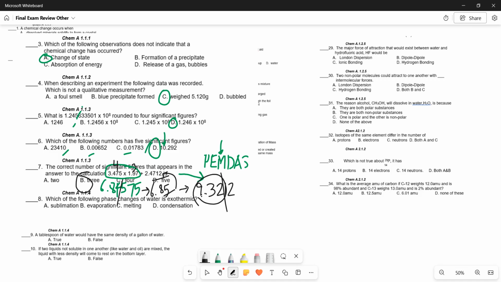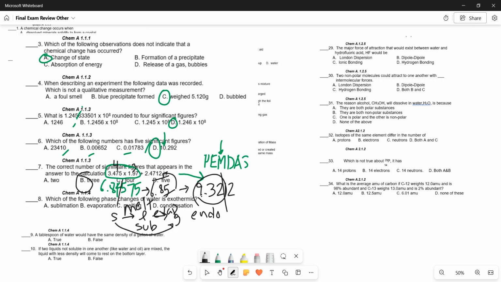8. Which of the following phase changes of water is exothermic? So we can go from solid to liquid to gas. And this is going to be an endothermic change in this direction. Solid to liquid is called melting. Liquid to gas is called evaporation. And if I jump from solid to gas, that is going to be called sublimation.